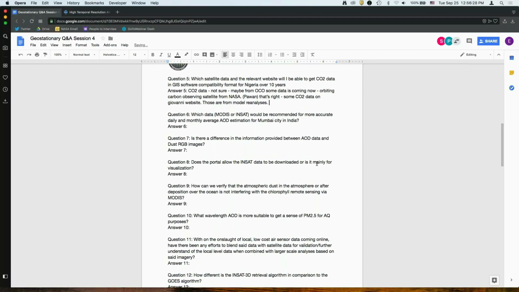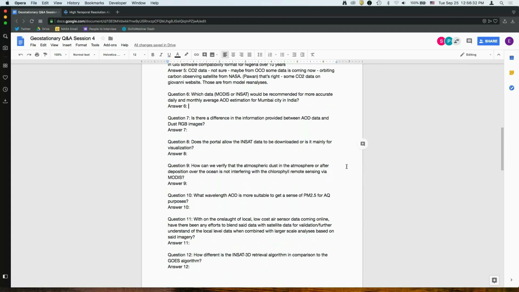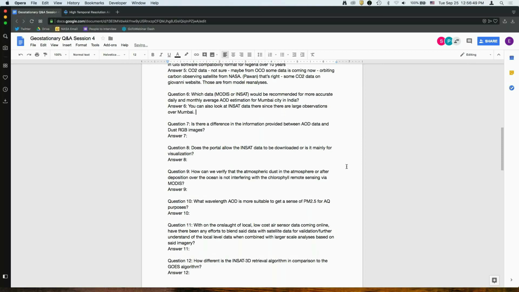The sixth question is, which data would be recommended for more accurate daily and monthly average AOD estimation for Mumbai city in India? Yeah, definitely. I think you can also look at INSAT data there, because we have a large number of observations over Bombay, and we have seen that in comparison to AeroNet data, the INSAT AOD is also relatively better compared to MODIS.